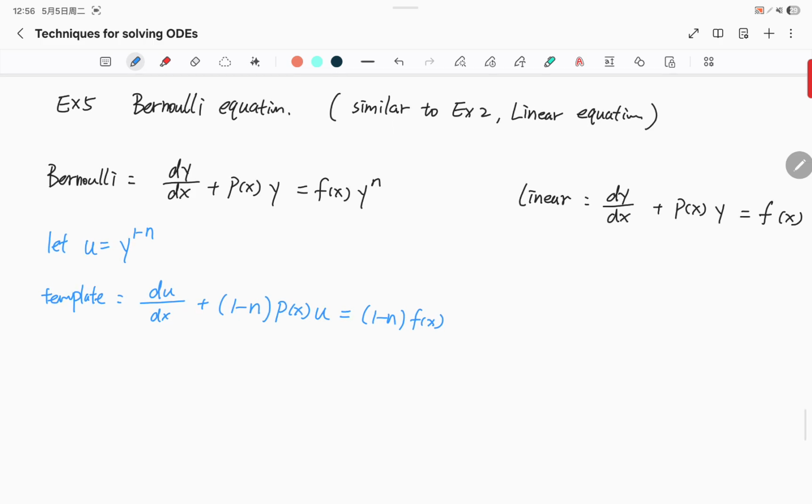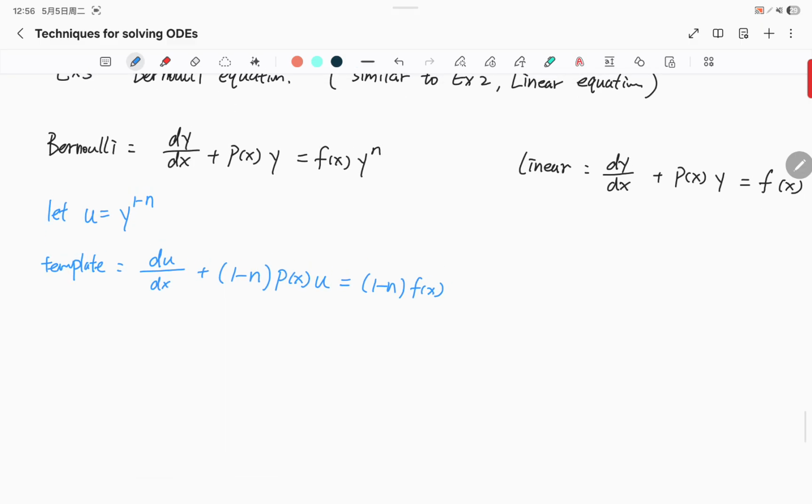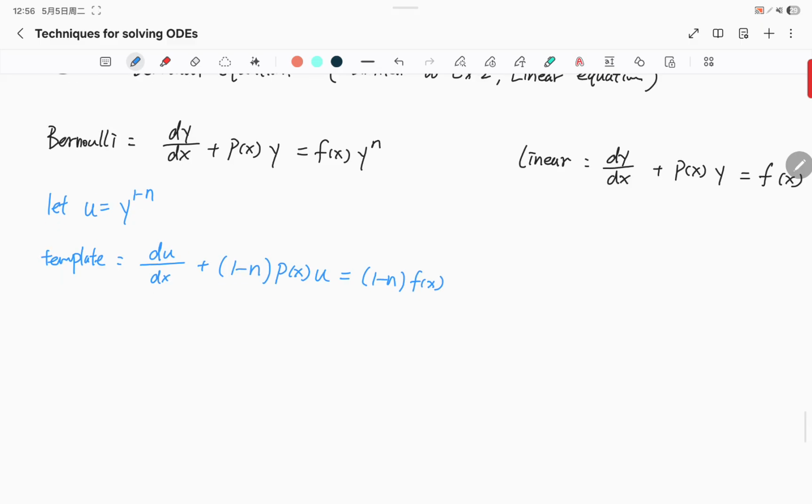Similar idea here: u is equal to y to the power of 1 minus n. You plug it into this template equation, and it turns into a linear equation because there's no longer y to the power of something, but usually this makes your f of x negative. Then you solve it using the linear equation technique. In the end, you get u equal to an integral of blah blah f of x, and then you turn u back into y.